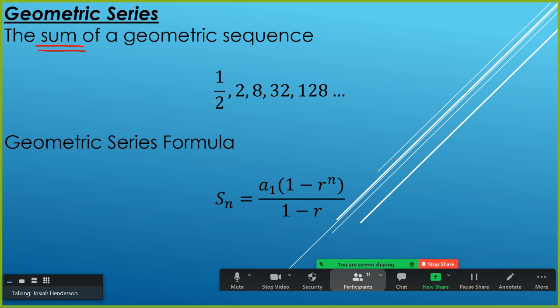Now, we're going to end up with fractions a lot of the time in geometric sequences because, like we've seen so far, you do end up dividing by some number or multiplying by a fraction, and then you end up with, on one end or the other, fractions. So we saw it in the last example, and in this sequence here, it starts with a half, and then it's 2, and then it's 8, 32.